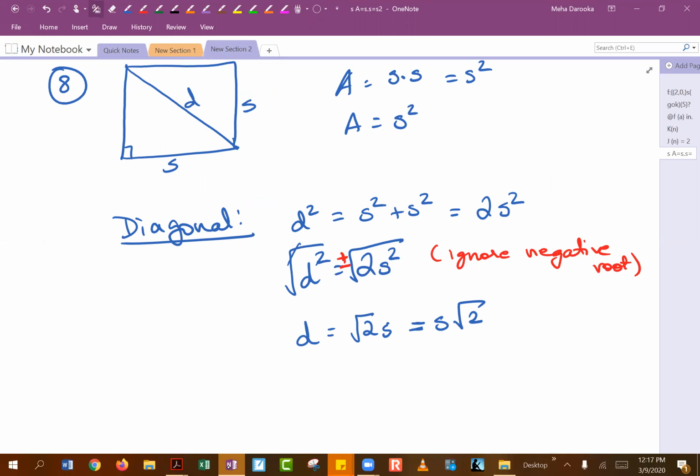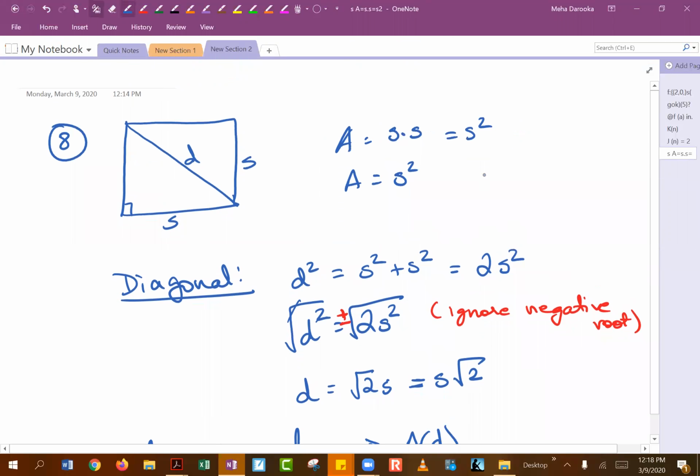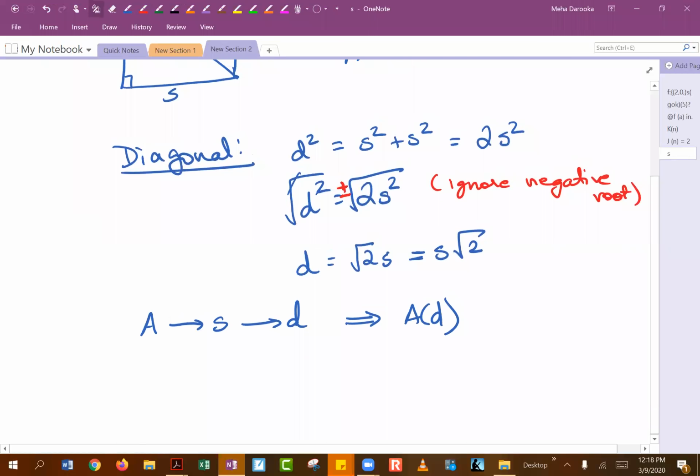They want us to write area not based on side, but based on diagonal. So the composition that is happening is asking us to go from A to s, and s to d, so that your final result is going to be A of d. This right now is A of s. So then we have to go from A of s to d.